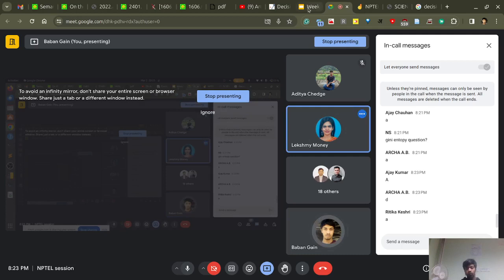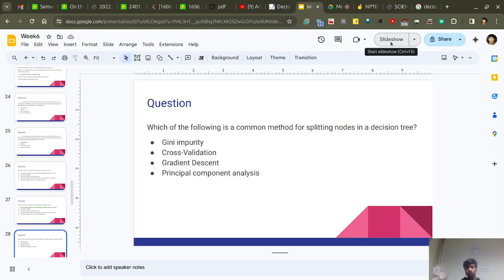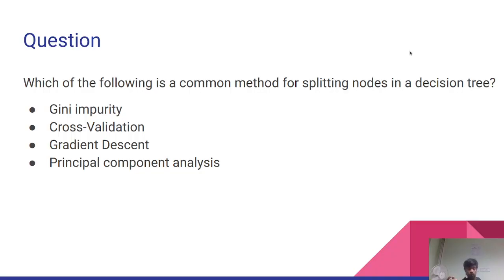No. We don't really use cross validation to perform the splitting of nodes. After training a decision tree, we can use cross validation to see how it is doing based on multiple folds.